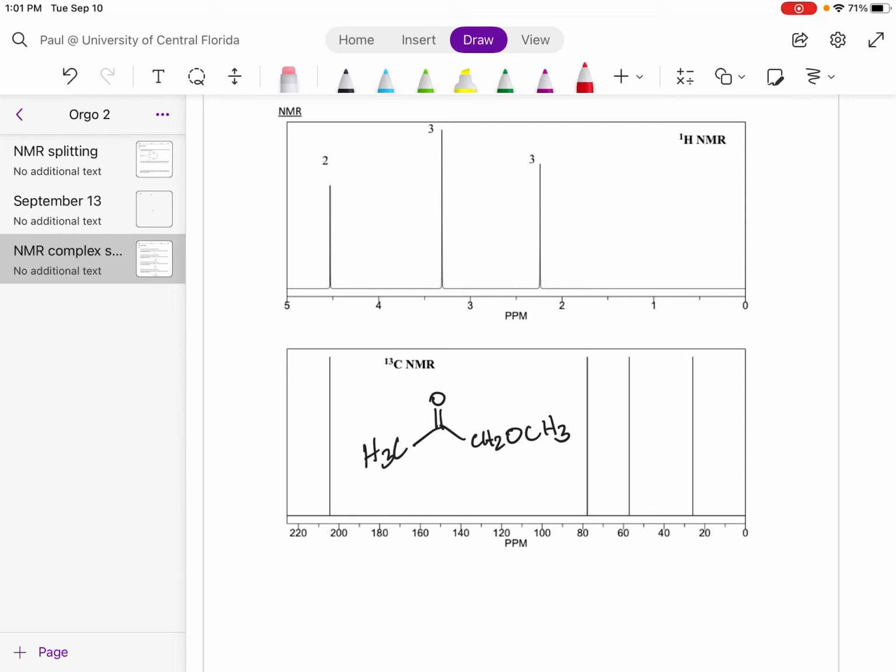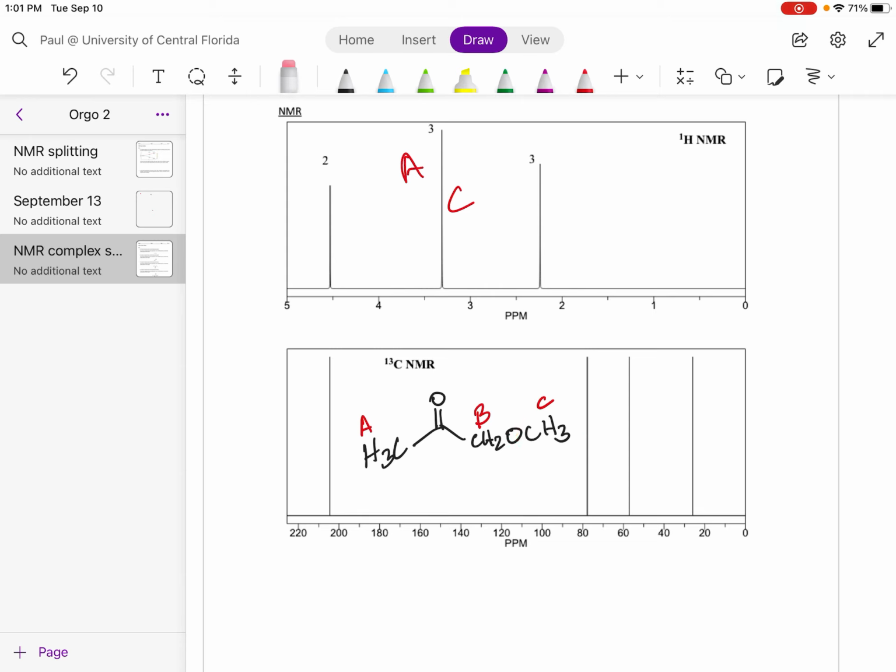Let's say this signal was A, that's B, and that's C. Now, a student asked me why I said signal A was further downfield when he's like, shouldn't the C, this one right here, shouldn't that be further downfield because it's connected to the oxygen atom?